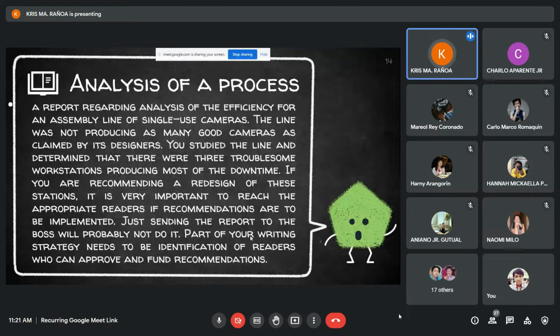If you are recommending a redesign of these stations, it is very important to reach the appropriate readers if recommendations are to be implemented. Just sending a report to the boss will probably not do it. Part of your writing strategy needs to be identification of readers who can approve and fund recommendations.